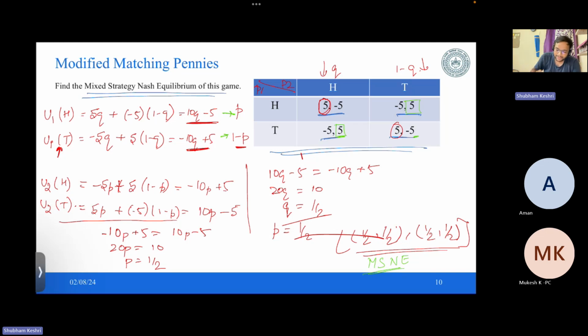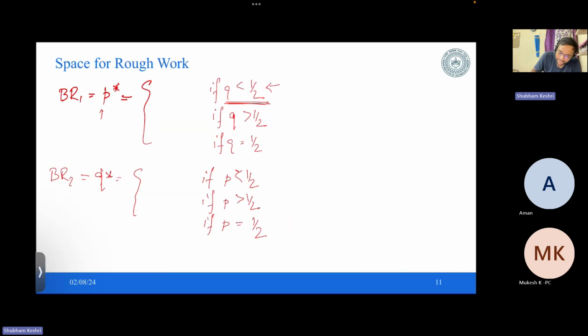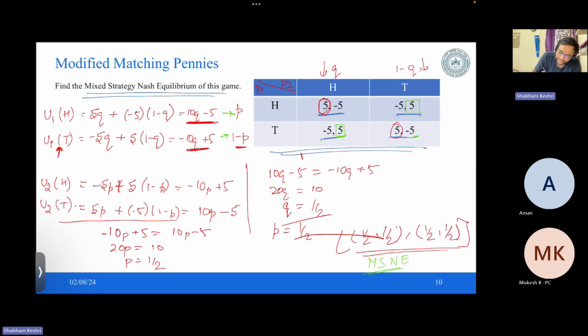You can see what I am saying again. When Q is 0, this utility is negative, this utility is positive. Therefore, player 1 will play tails because he is getting a higher utility than what he will get when he plays head. Therefore, P will be 0.